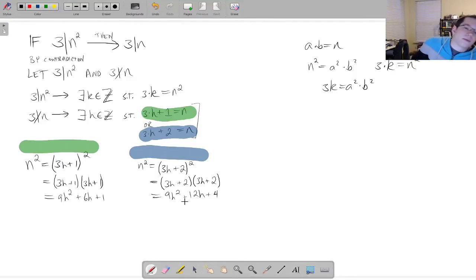And now you're probably looking at this going, well, now what? This doesn't look like it makes much sense, but it does, because now we can say this is equal to 3h times (3h plus 2) plus 1.